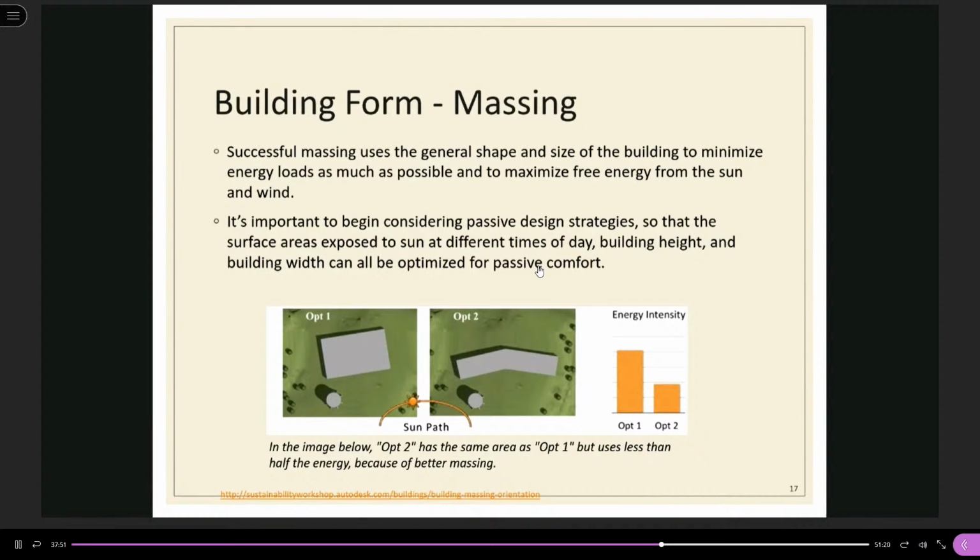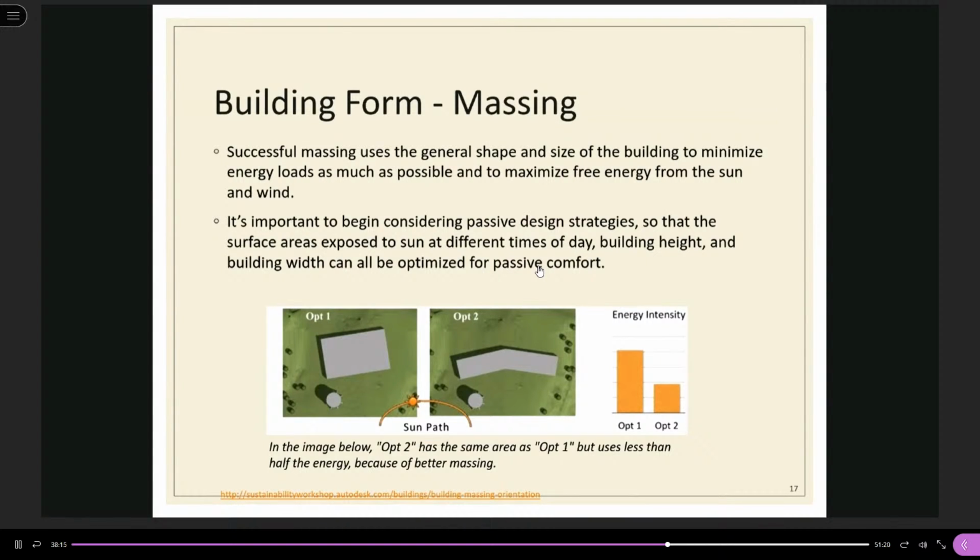So when we are determining the building form, whether there is a cutout or more solid buildings, and what is the shape of the building, we may use some simulation software to simulate the energy intensity.